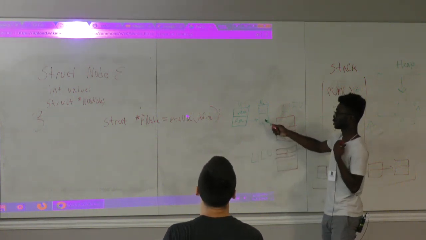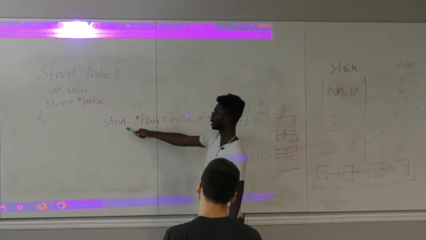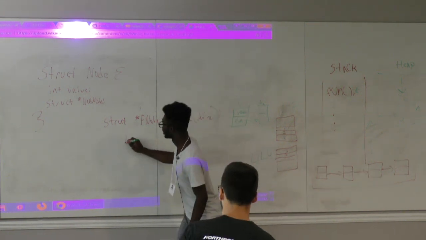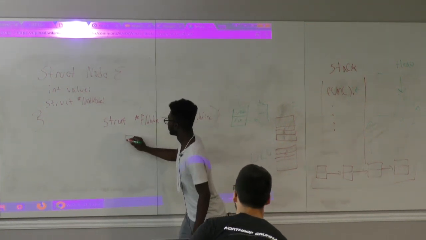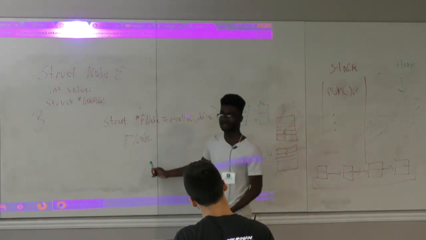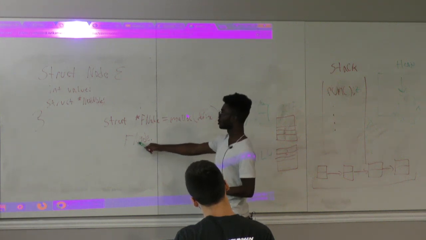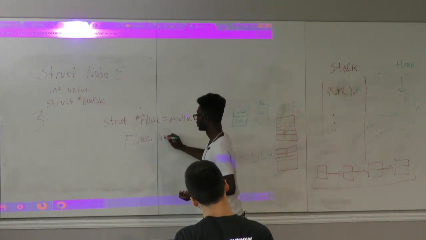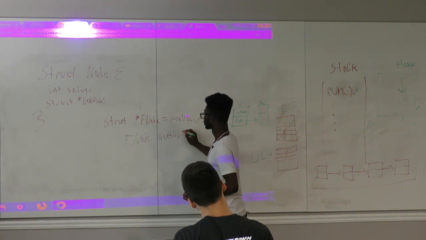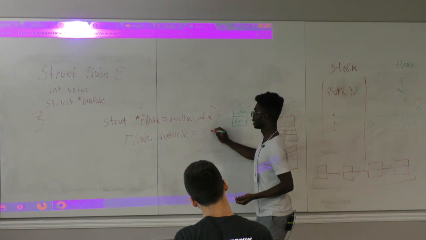Now if you wanted to create the node it points to, you do a very similar line like this, but you would say, for example, first node dot operator, because we're using a member inside of our struct. So first node dot next node, and then you can set that equal to another malloc line.